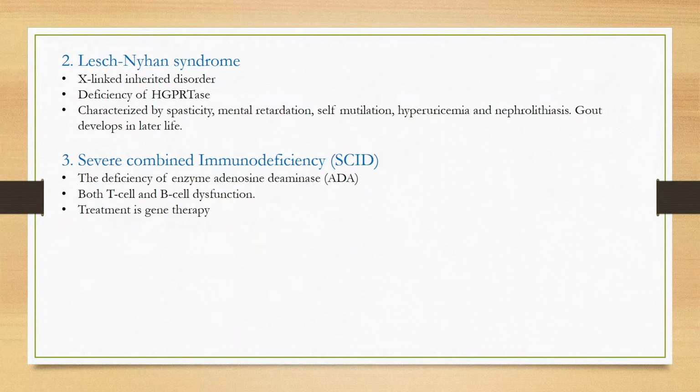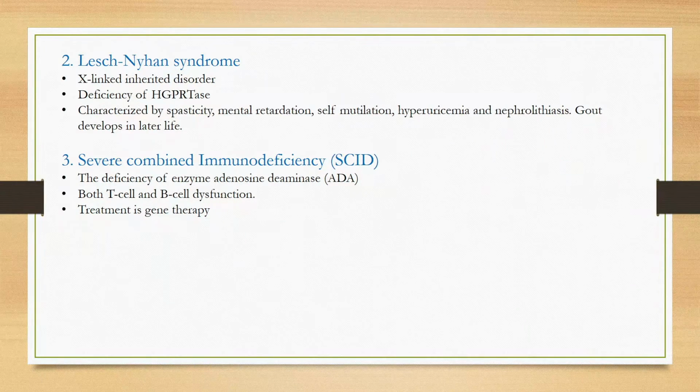It was first described in 1964 by a medical student, Michael Lesch, and his professor, William Nyhan. That is why it is called Lesch-Nyhan syndrome. It is characterized by spasticity, mental retardation, self-mutilation, hyperuricemia, nephrolithiasis, and gout develops later in life.